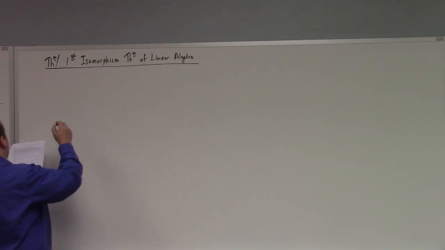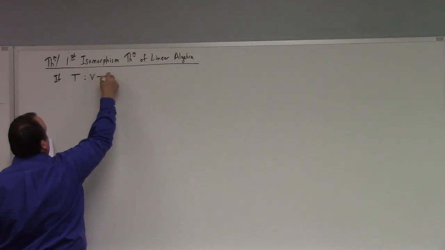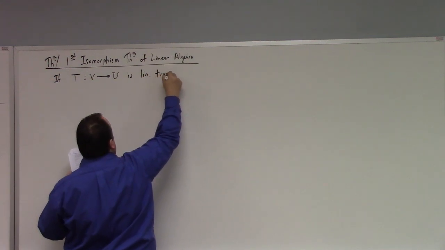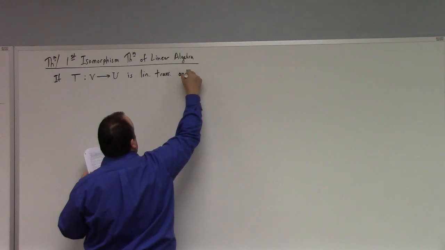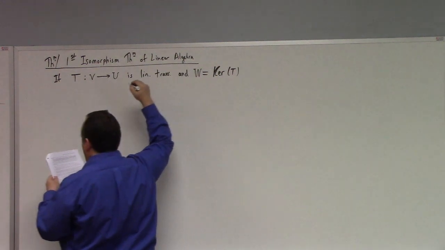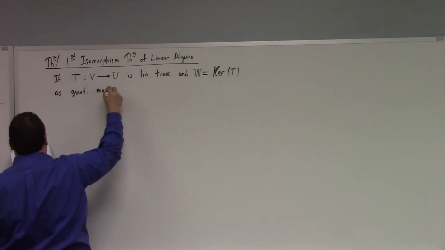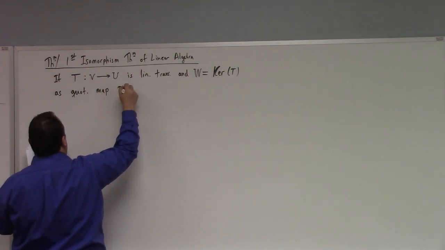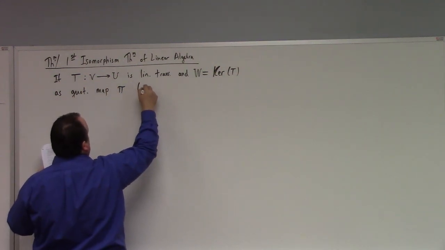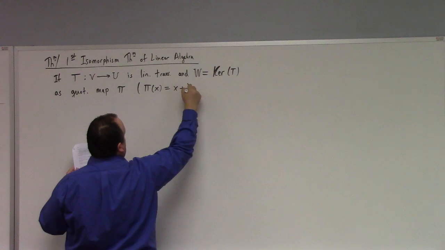So here's the theorem. If t from v to u is a linear transformation and w equal to the kernel of t has quotient map pi, so that means pi of x equals x plus w, right?